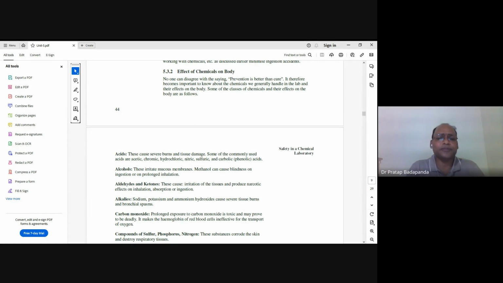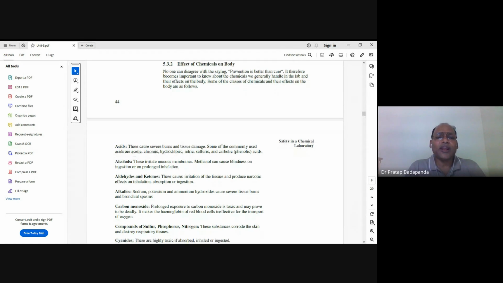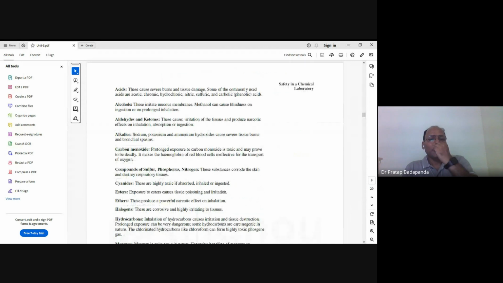Methanol is poisonous. Then if you come to the aldehyde and ketone, these cause irritation of the tissue and produce a narcotic effect on inhalation, absorption and ingestion. Narcotic means drug category. Since aldehydes and ketones have a carbonyl group, they show narcotic behavior, so you will not feel good.